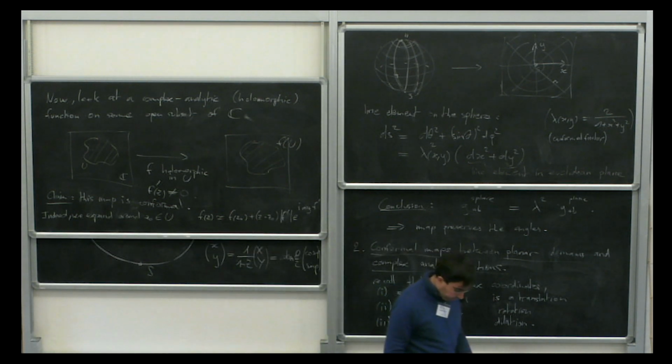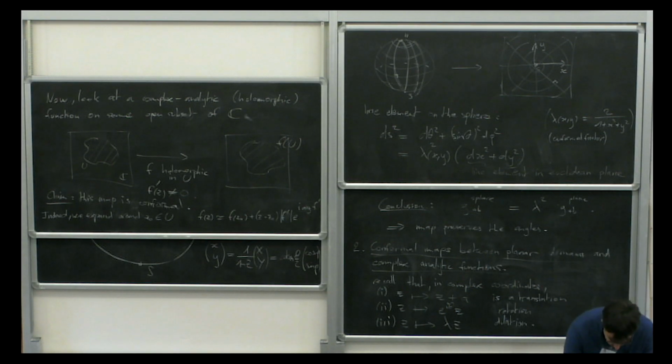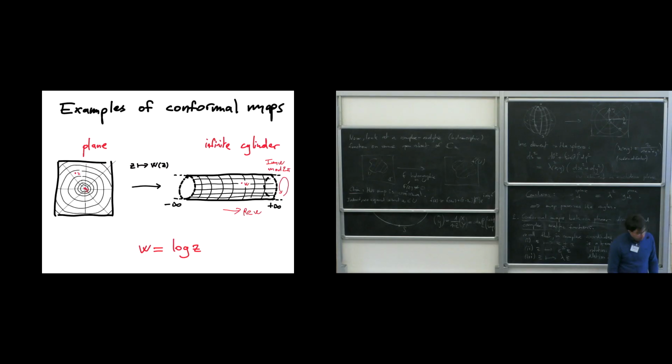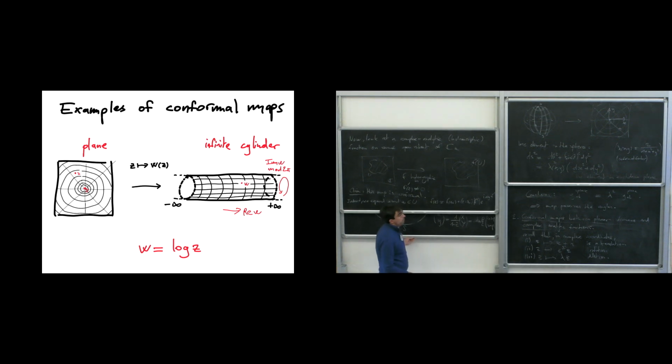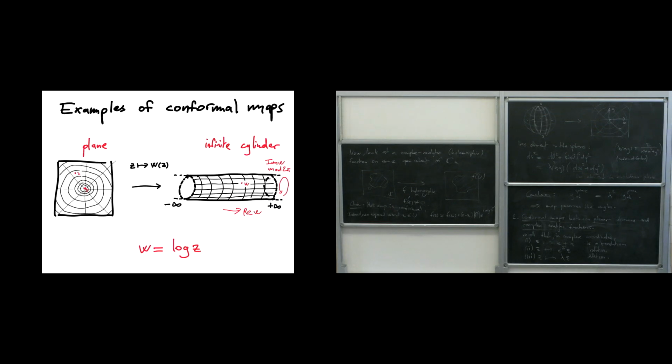No? Okay, good. So let's have a quick look at some conformal maps. One map that is very important when we go to conformal field theory is the logarithm. You can view the logarithm as a map that sends the complex plane minus the origin to an infinite cylinder.